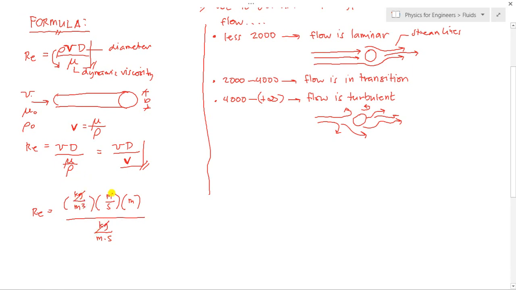Meter times meter, meter squared sa ubos. Kung ibutang nato sa babaw, mahimo na siya og meter cube, so ang meter cube mag-cancel. Then naa tay second sa ubos sa fraction, so that would cancel out. Unsa man ang habilin? Wala. So therefore ang atong Reynolds number is a dimensionless number. So ato gyud na na-prove nga dimensionless number siya.